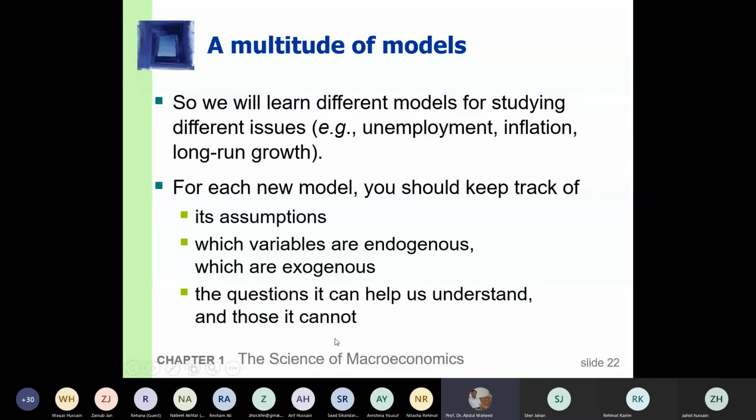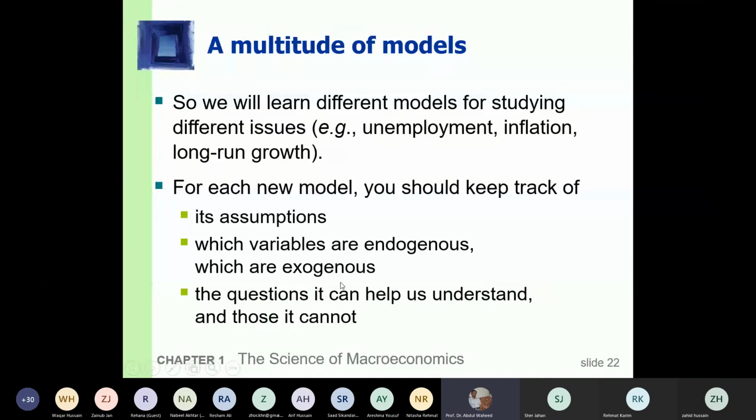And some questions a model can help us understand, and some it cannot. So we have to keep track of this. What are the questions for which we can get the answer from our model? In our demand supply model, we can get the answer to what would be the effect on price, and what would be the effect on quantity, demand, and supply.